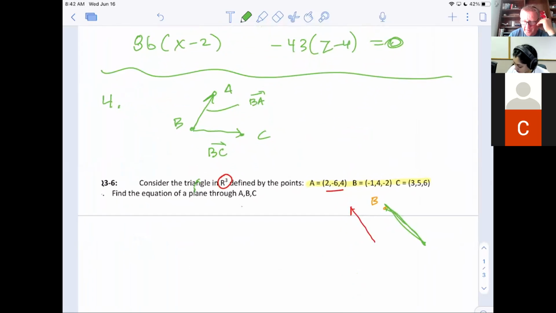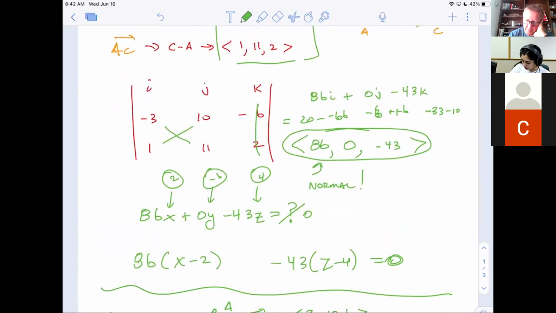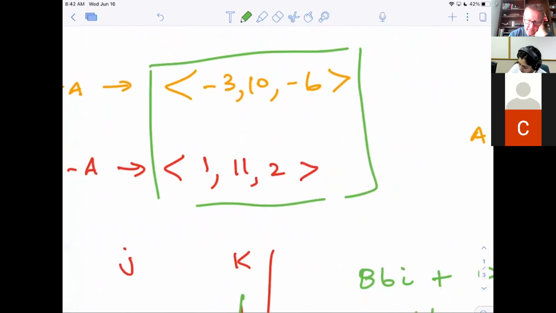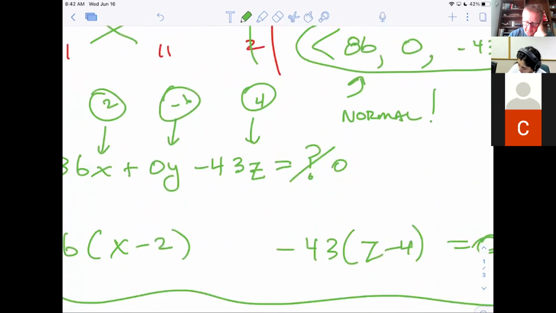So if I go not B minus A now, but A minus B, 2 minus -1 is 3, and -6 minus 4 is -10, and 4 minus -2 is 6. That should be the same exact vector I got for AB, except all the signs should be backwards. If I was memorizing this, I could have just looked up at this one and said, I'll just rewrite it, except change all the signs.